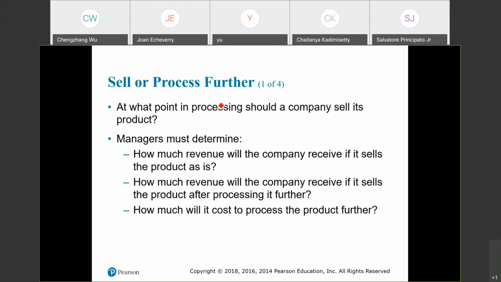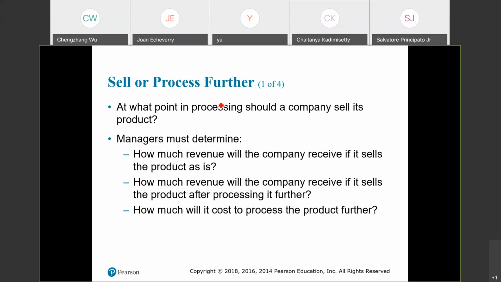Okay, the last type of decision, to sell or to process further. At what point in producing should a company sell its product? Many companies, especially in the food processing and natural resource industries, face such business decisions.